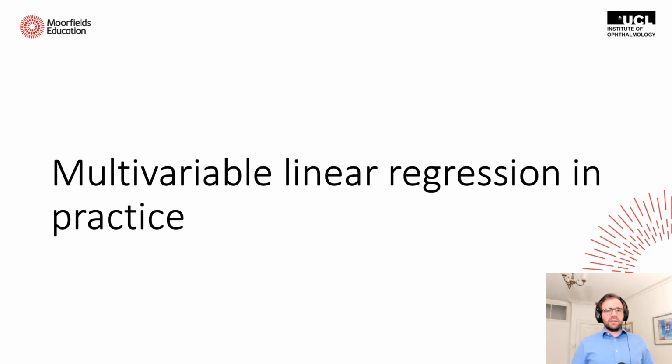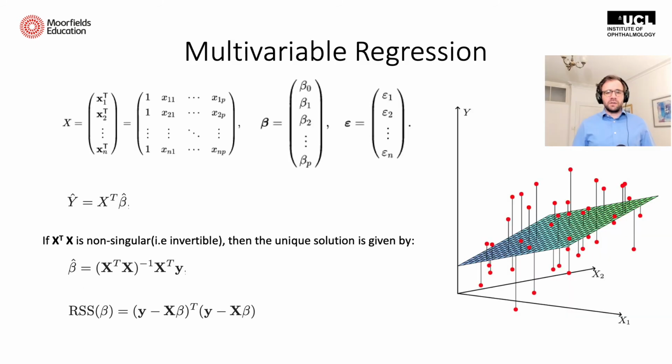Okay, next I'm going to talk to you about multivariable linear regression in practice. So for this I'm going to use a first multivariable regression. Same thing as univariable regression, but obviously multiple dimensions. What you're seeing here is if you had 3 dimensions, so you have 2 explanatory variables x1 and x2, and you have your y variable that you're trying to predict.